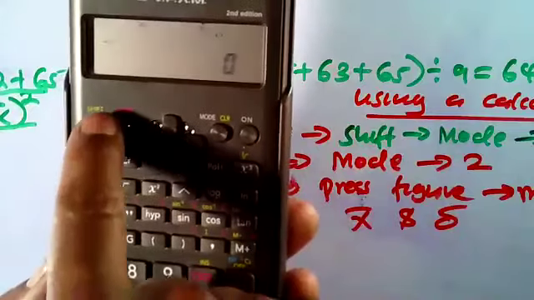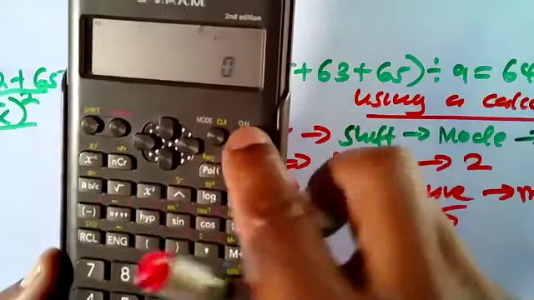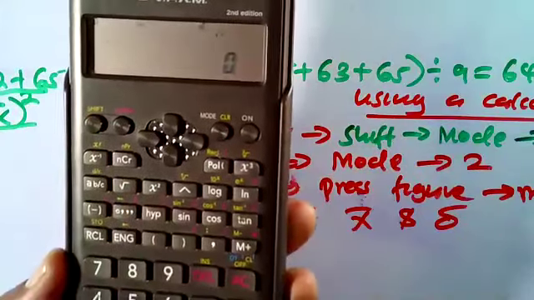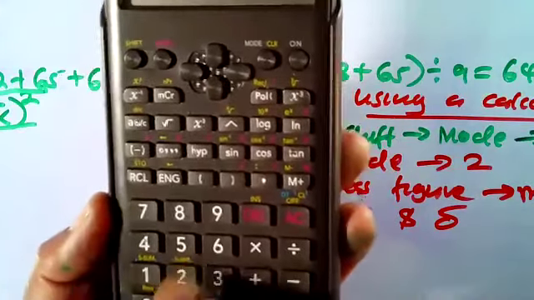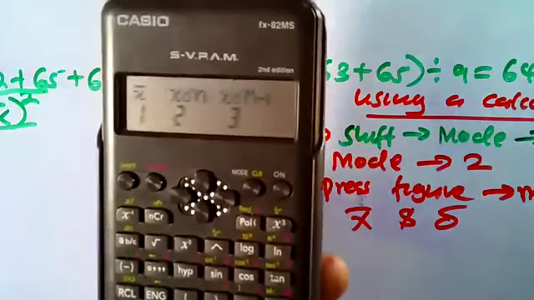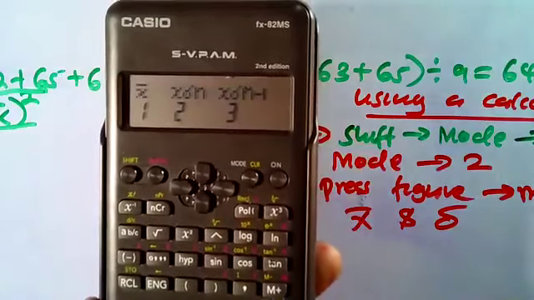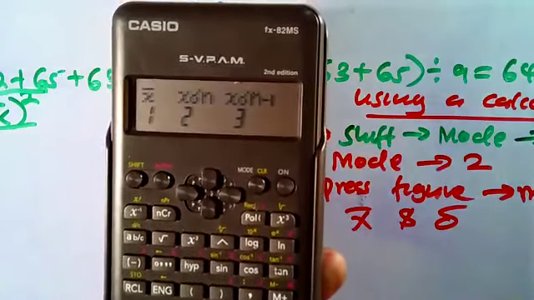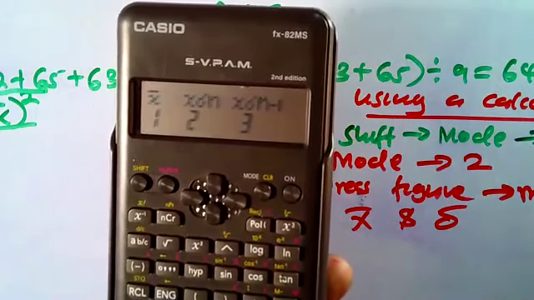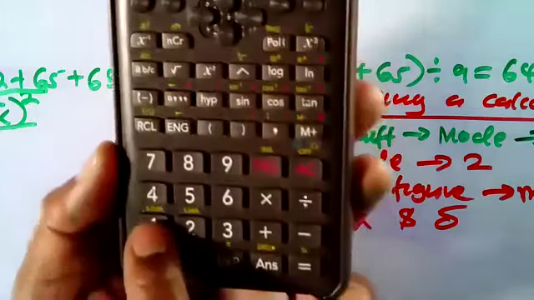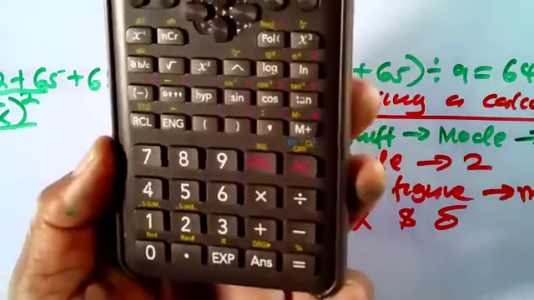You just press shift. Ukifinya shift, unaenda number 2. Shift number 2. Unaona hivyo Shift number 2. Then can you see X bar? X bar iko number 1. So finya 1 equals. You press 1 equals.